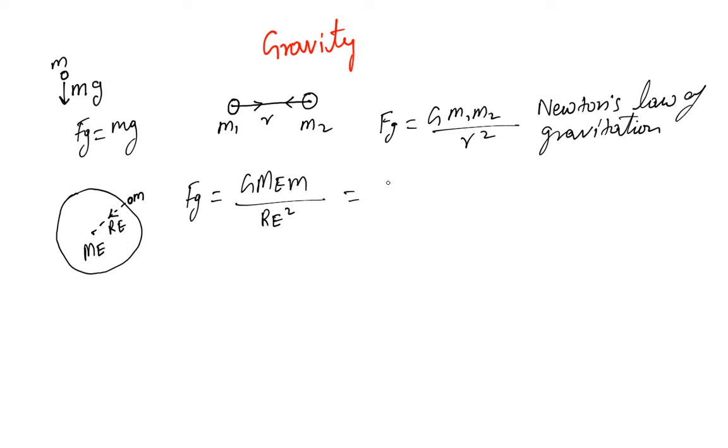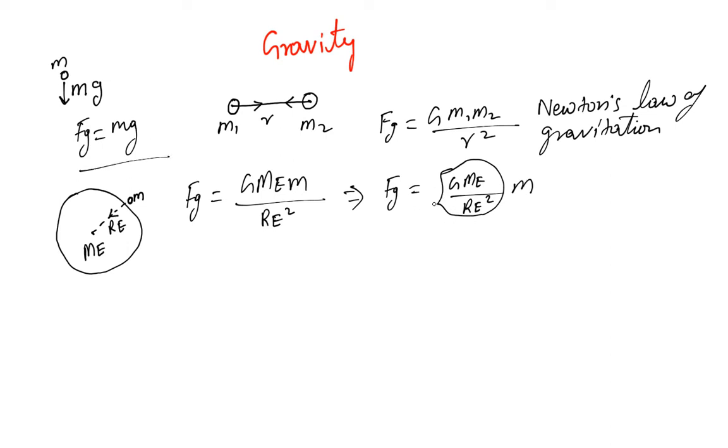And if you look closely, this should be rewritten as Fg equals G me over re squared, times m.